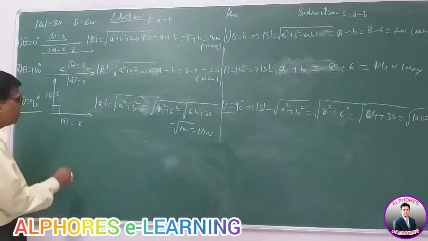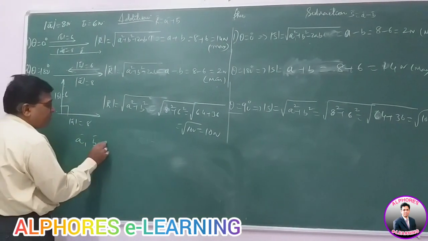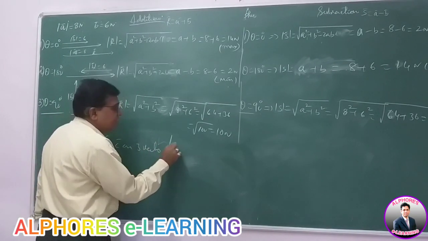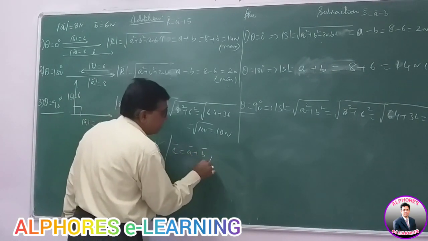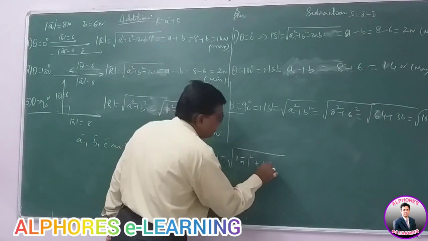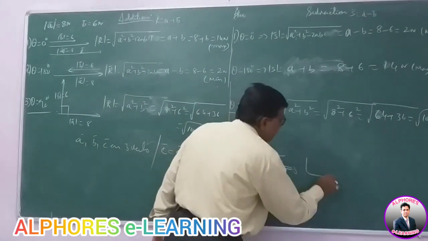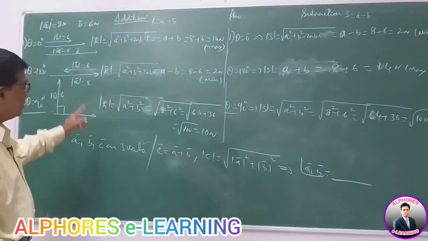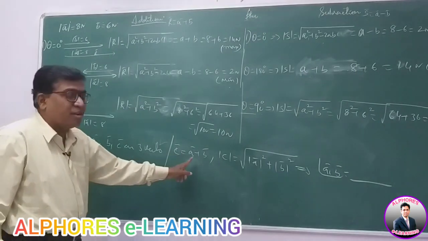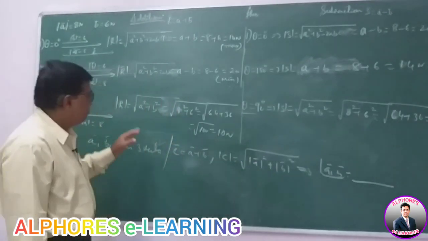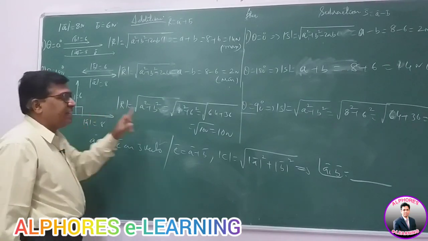Suppose we state this question like this: A bar, B bar, C bar are three vectors such that C bar is A bar plus B bar and mod C is root of mod A square plus mod B square, implies A and B are what? So the addition C bar is A bar plus B bar, the addition resultant, and it is root of A square plus B square. When is it root of A square plus B square? When theta is 90.